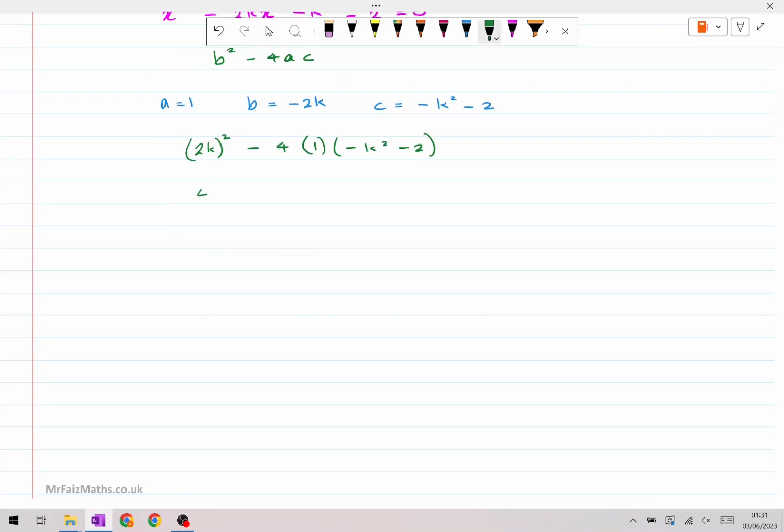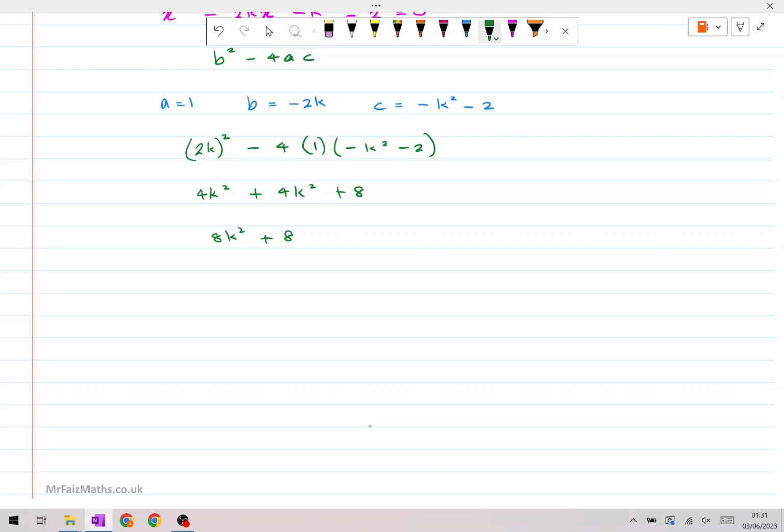So this is going to give me 4k squared. Now minus 4 times minus k squared will give me plus 4k squared. Then minus 4 times minus 2 will give me plus 8. So if I simplify this, we have 8k squared plus 8.